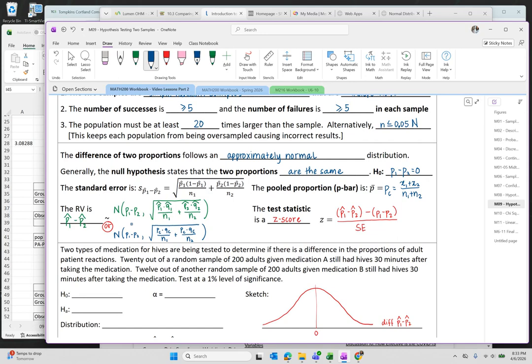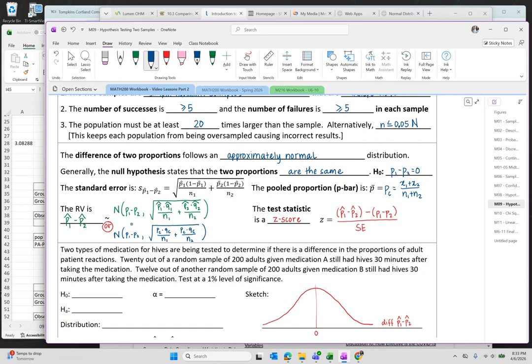And the standard error for this distribution of the difference of the two proportions in the sample equals the square root of p1 hat times q1 hat divided by n1 plus p2 hat times q2 hat divided by n2, with q being the proportion of the complement of the success in the binomial experiment of having a yes or no answer.